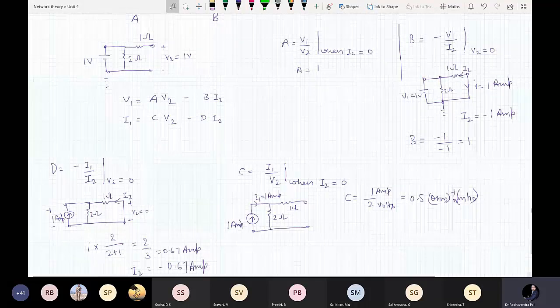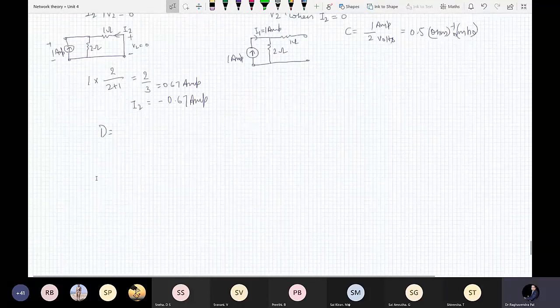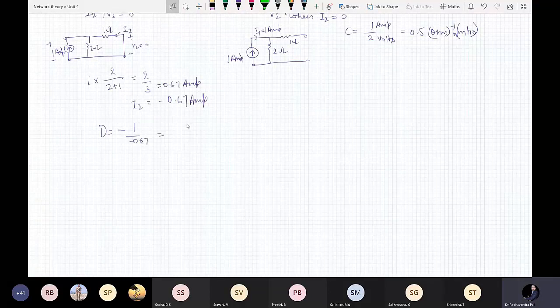So the value of D you will see is, value of D is what? Minus I1 upon I2. So minus I1 is 1, I2 is minus 0.67, that is 1 upon 0.67, or 3 upon 2, or 1.5. Correct.